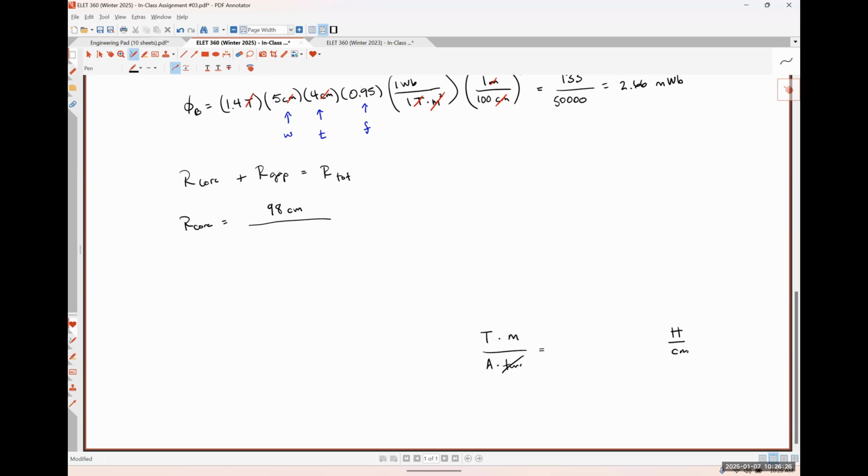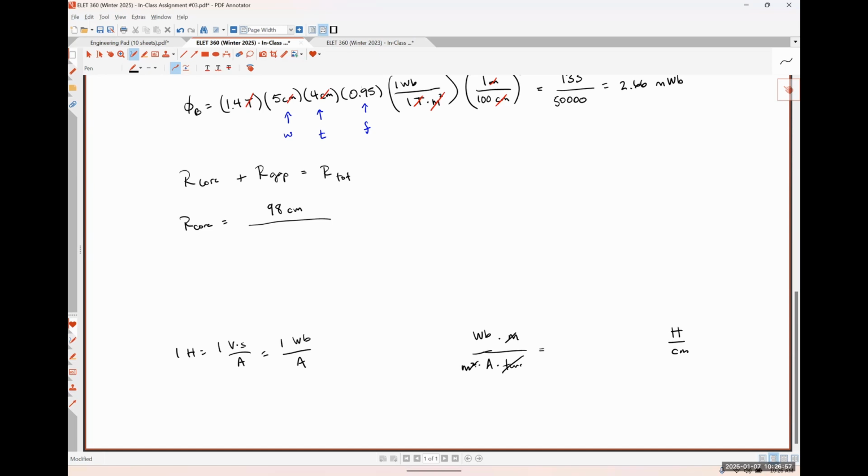Well, a Henry, for what it's worth, is 1 volt second per amp, which is the same thing as 1 Weber per amp. Well, a Tesla is a Weber per meter squared. So if I replace this guy with a Weber and then I put meters squared down here, this meter cancels that guy.